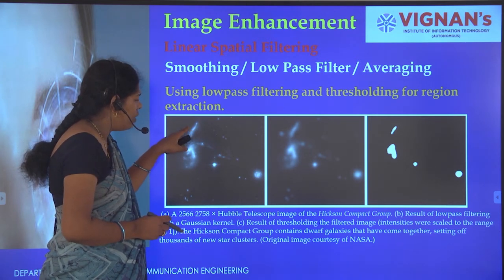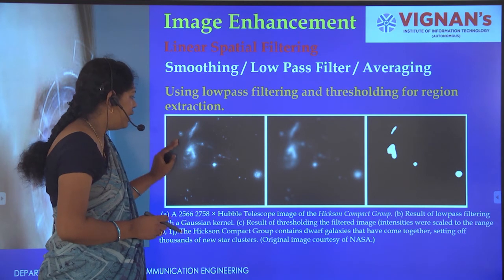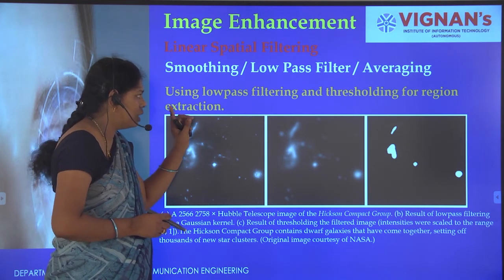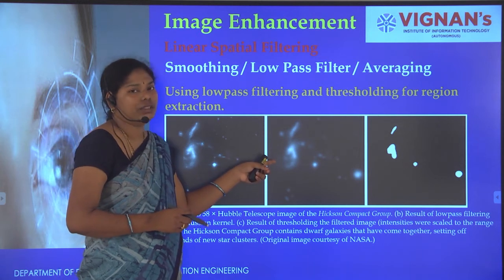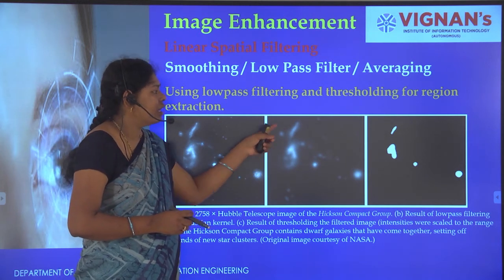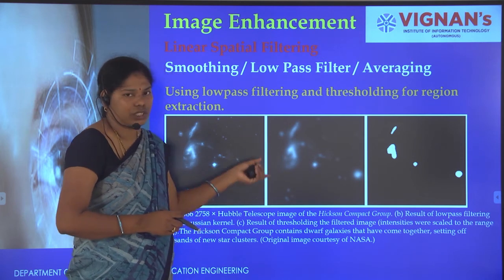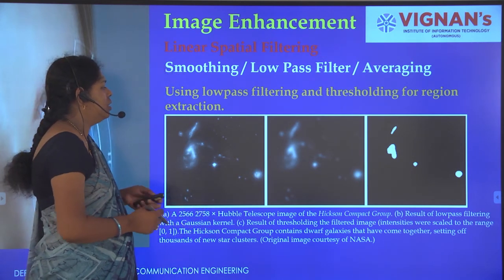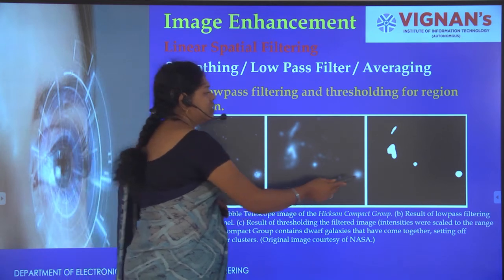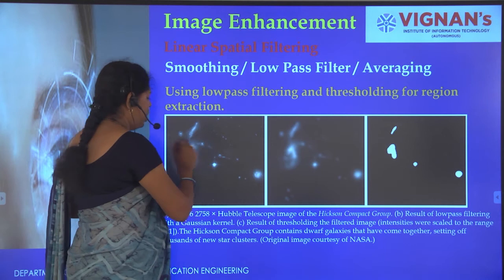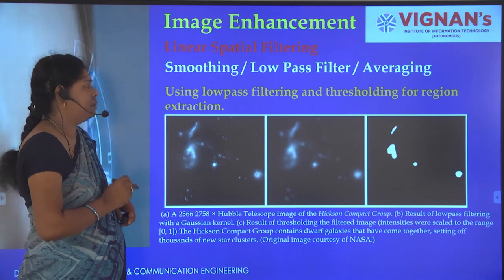Now we have to blur and identify where it is exactly. For that, here we are using smoothing, that is the averaging filter. The next one, we are making a threshold level to identify the particular region. This is the filtered output and this is the threshold output, and we have identified where the object is available.